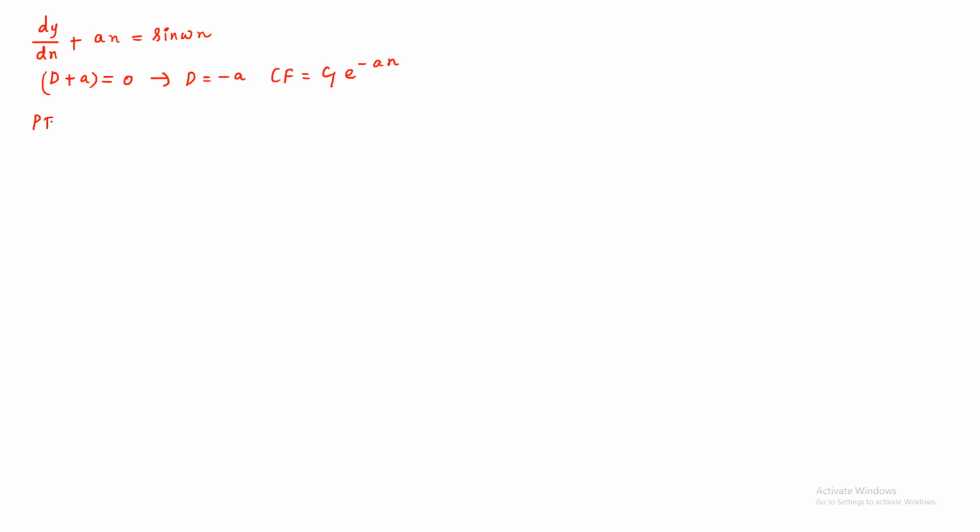Then we have to find the particular integral, which is 1/(D + a) sin(ωx). For that we take the conjugate, so we get (D - a)/(D² - a²) sin(ωx).